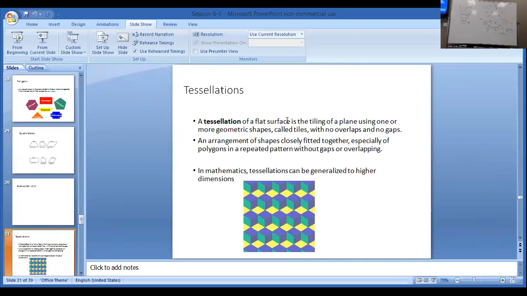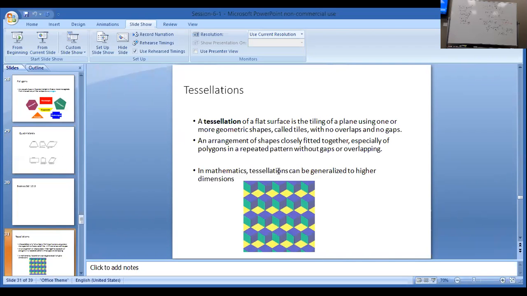Tessellation of a flat surface is the tiling of a plane using one or more geometric shapes. You see this? You have tile that you put in a bathroom, in a kitchen, or whatever. You just have geometric shapes that keep repeating themselves, an arrangement of shapes closely fitted.